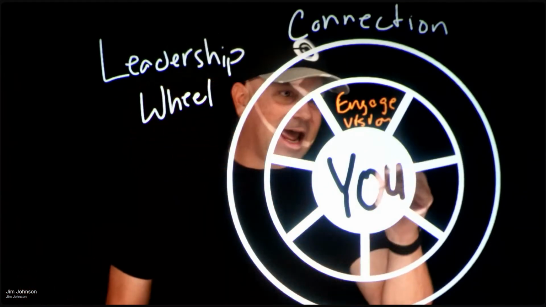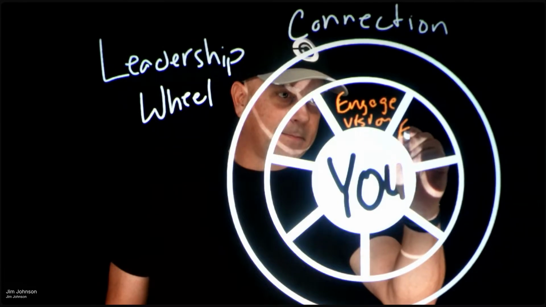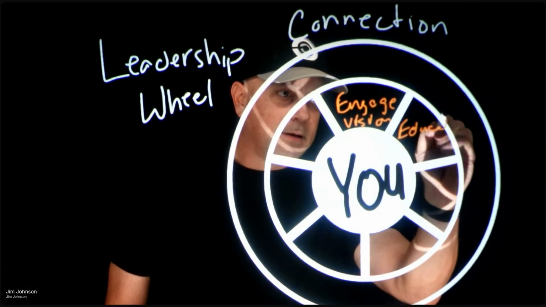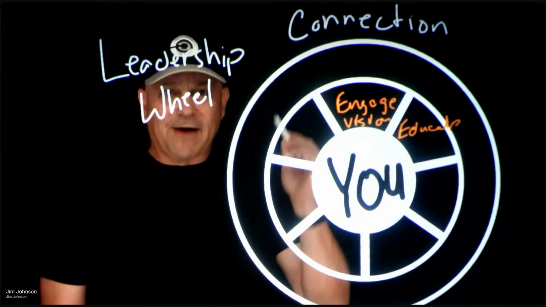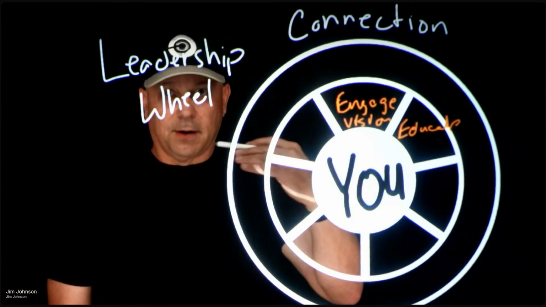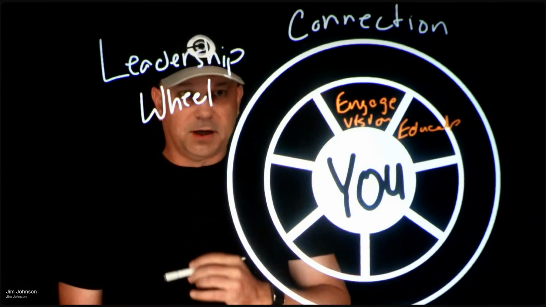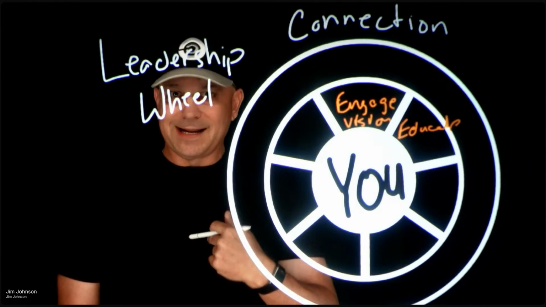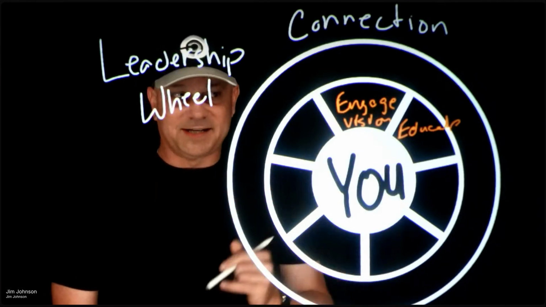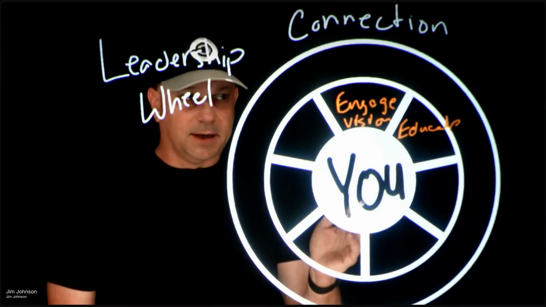The second thing I have to do is I have to educate people. And so if I engage them and they're bought in, they're like, okay, I'm good to go, this sounds like a great thing to do. And I don't keep my word and say and do what I said I was going to do, I lose them.